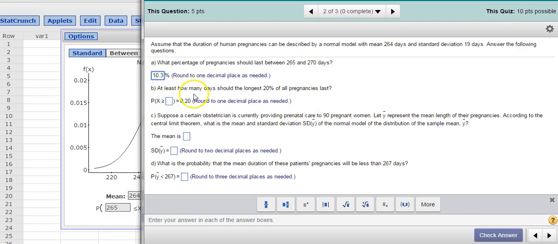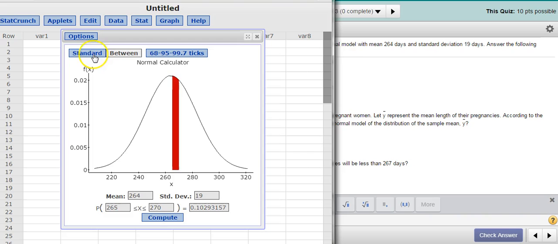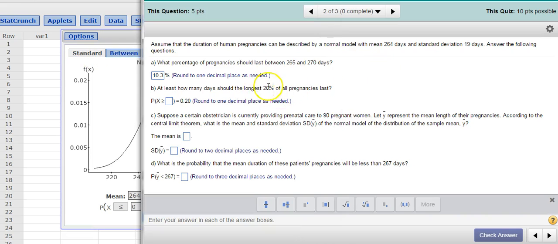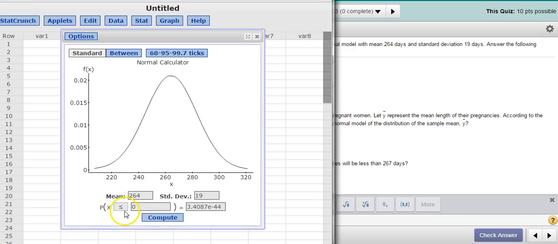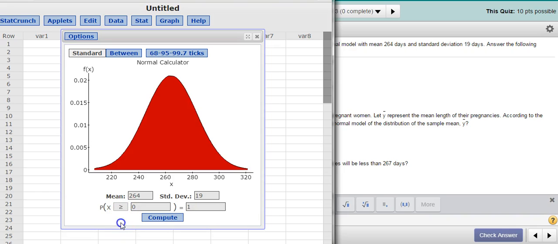So now we are looking for a standard because only one number. Okay, and now before it gave you a number, you find the percent, and now it gave you percent, you need to find a number. So when you go to stats and it says the highest 20%, you can change this to x greater than.